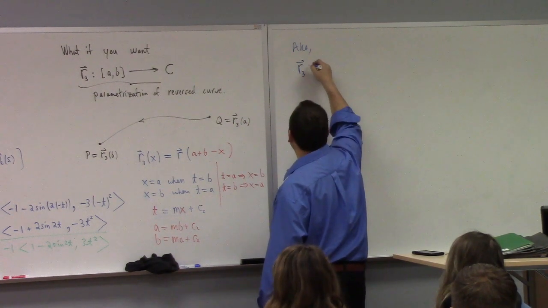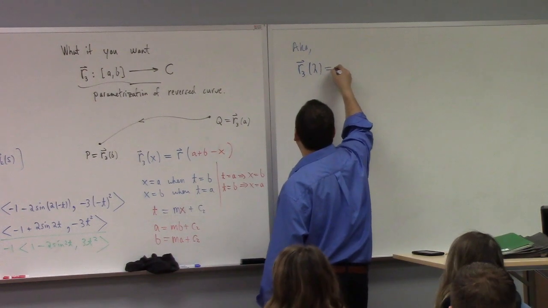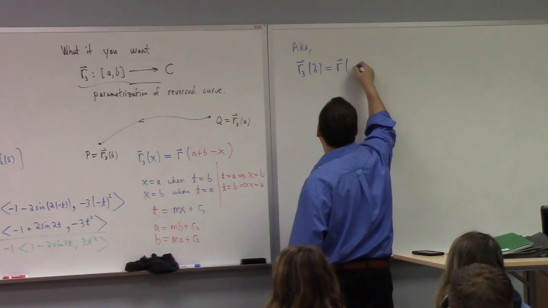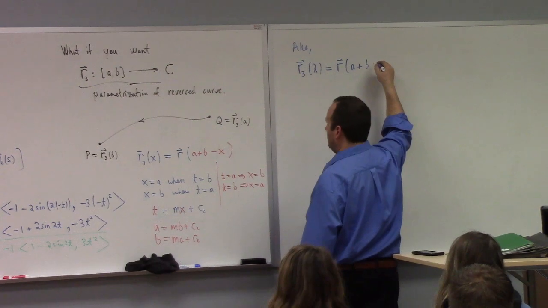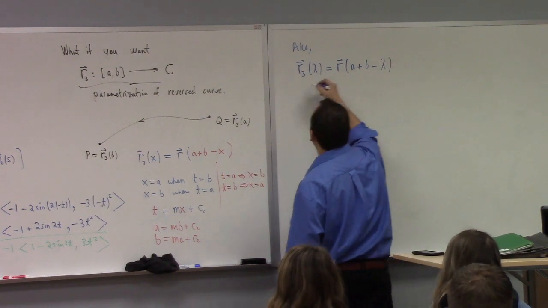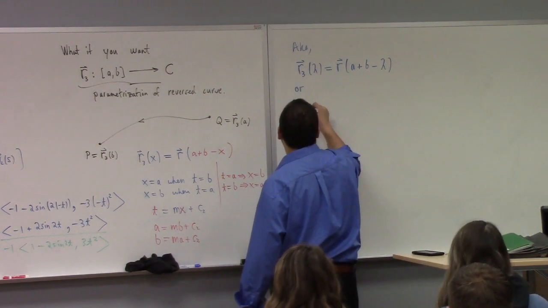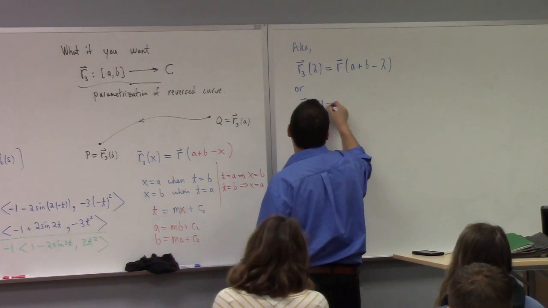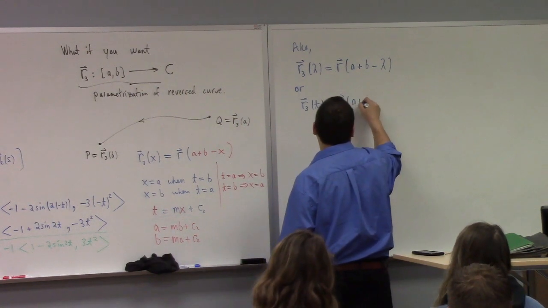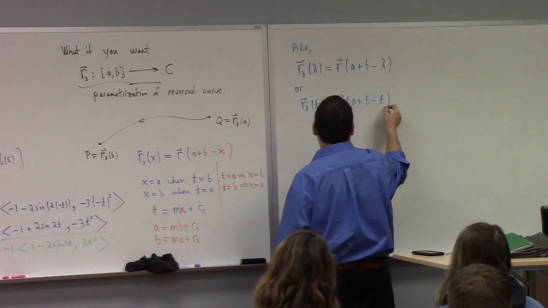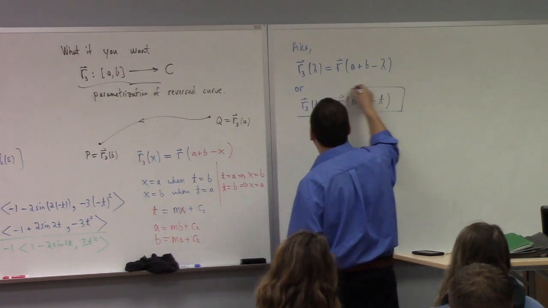We could just say R3 of lambda is R of A plus B minus lambda. Or we could even say R3 of T equals R of A plus B minus T, and that would be okay. Why would that be okay?